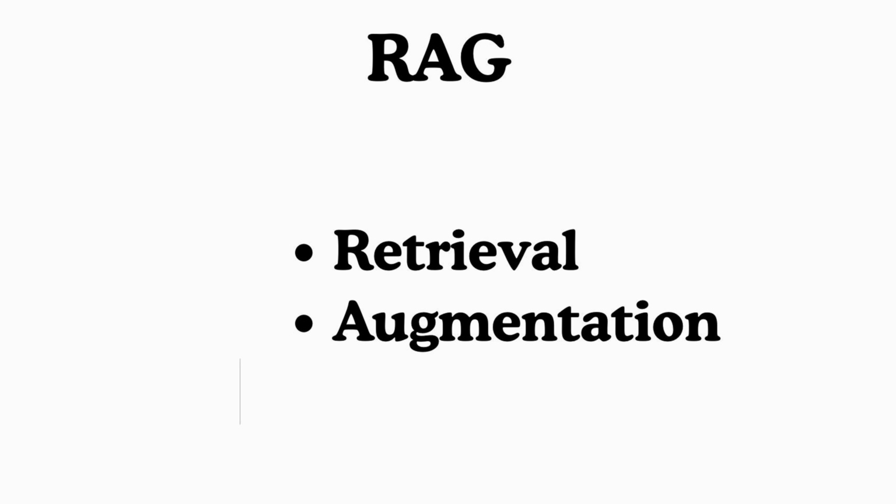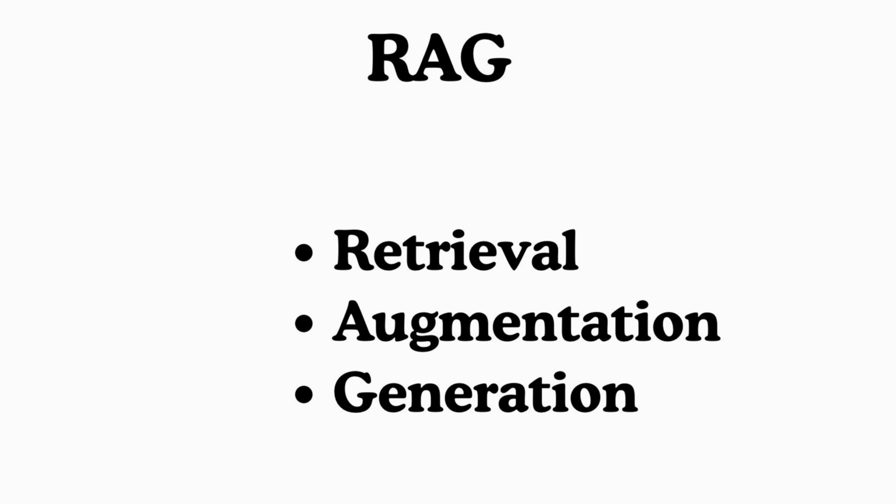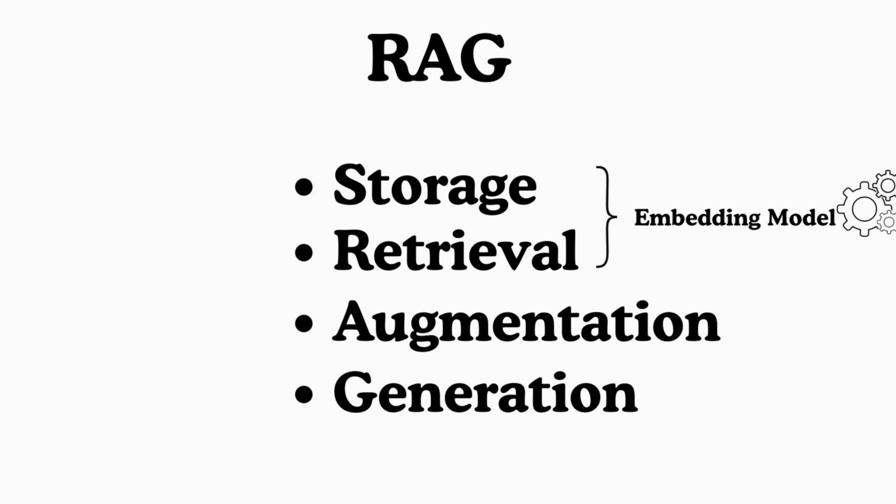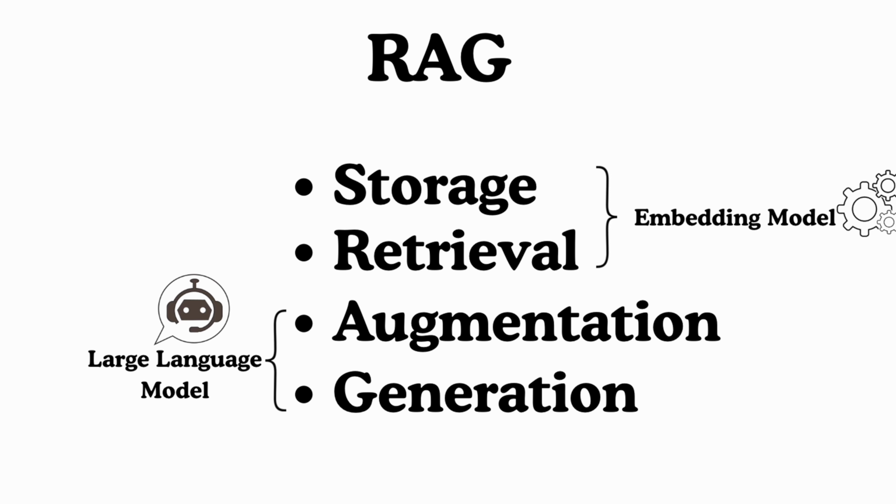So the whole process can be divided into three steps: retrieval, augmentation, and generation. But let's also include and talk about storage, as retrieval comes after storage. Storage and retrieval are the role of a different model known as an embedding model, and augmentation and generation are the role of the large language model, or the model through which you communicate.